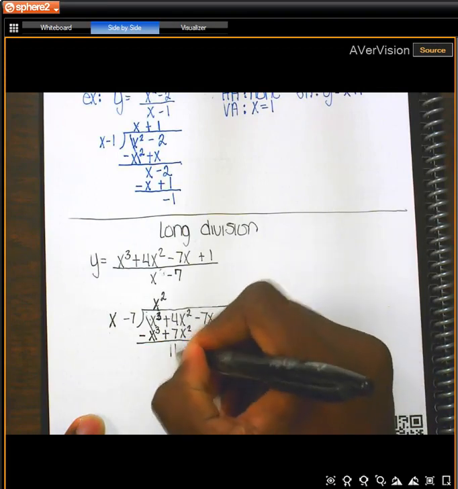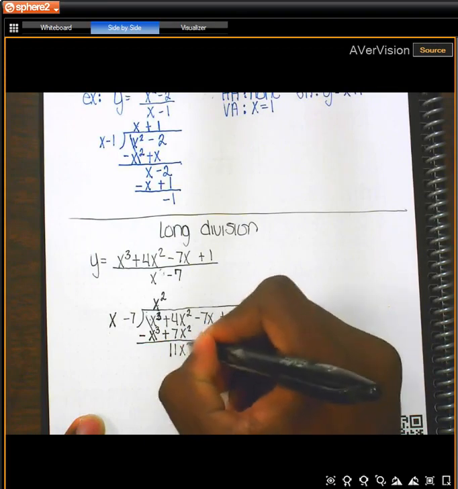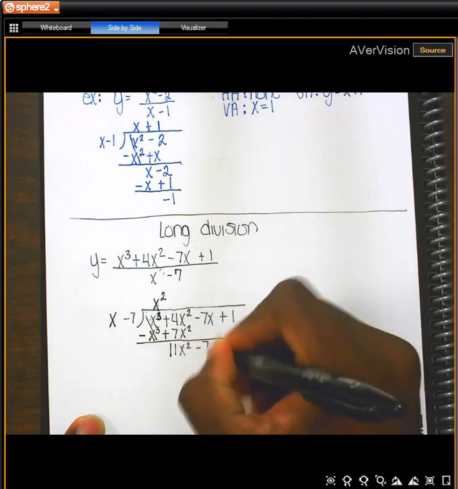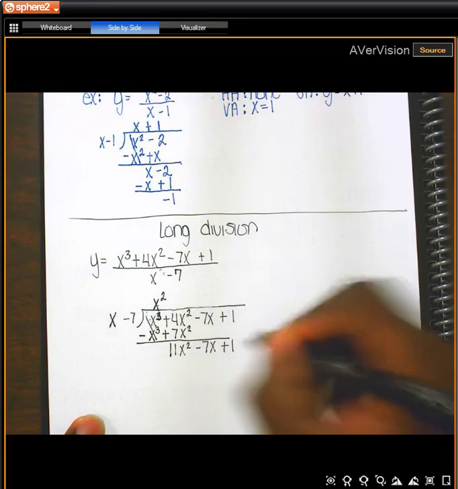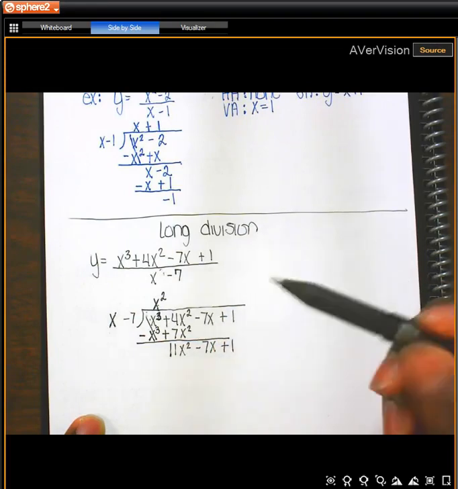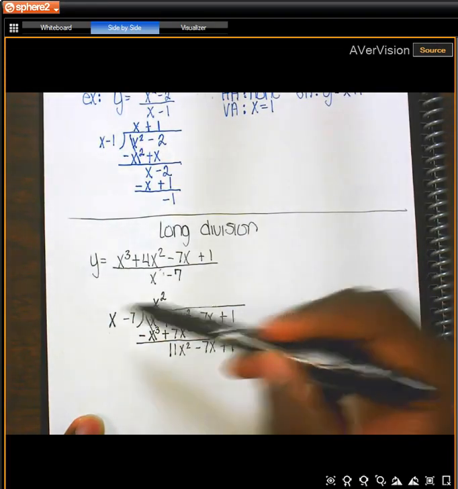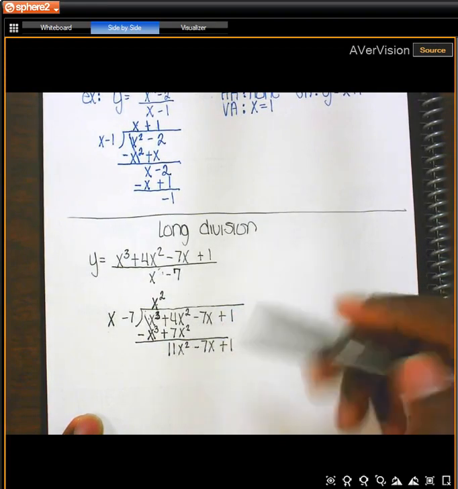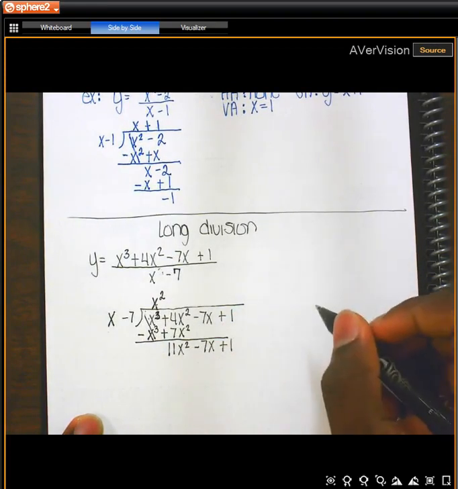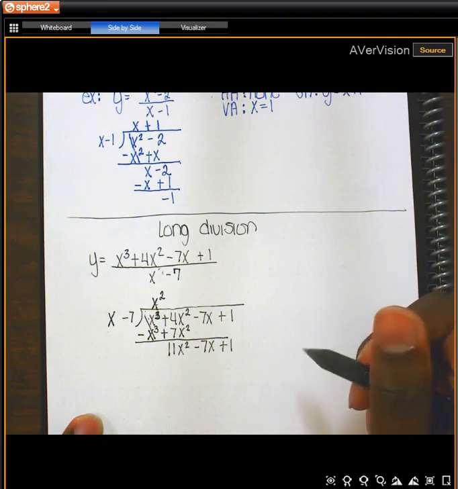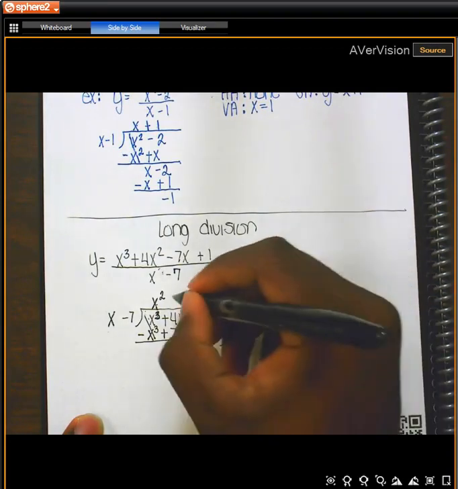So that becomes 11x squared. And we bring down everything else. And then we start over. What do we have to multiply to x to get 11x squared? Just 11.